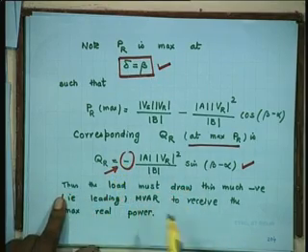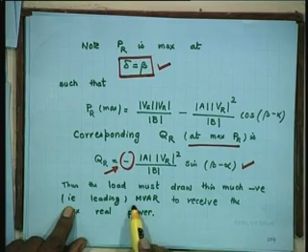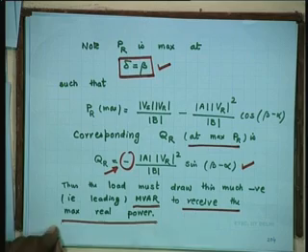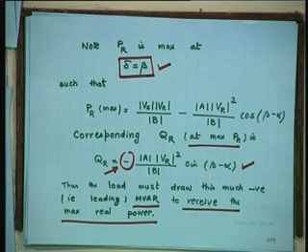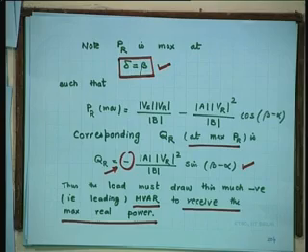Thus, the load must draw this much negative, that is leading MVAR, to receive the maximum real power. So, the question can further continue: also find the reactive power received at this condition. So, you continue, marks also will be more.